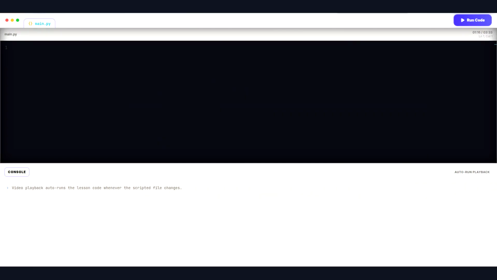Let's write the comparison and try it on a matching pair and a differing pair. First, the empty cases. Both empty means a match here. Only one empty means the shapes differ.